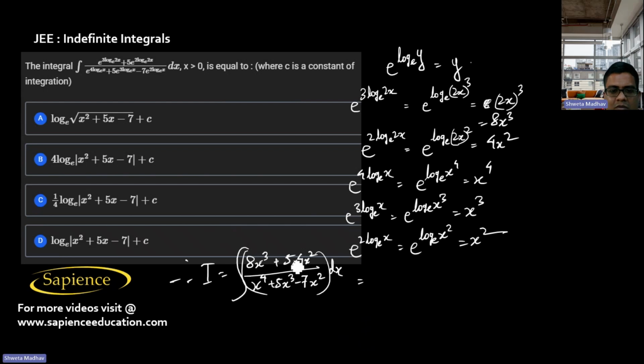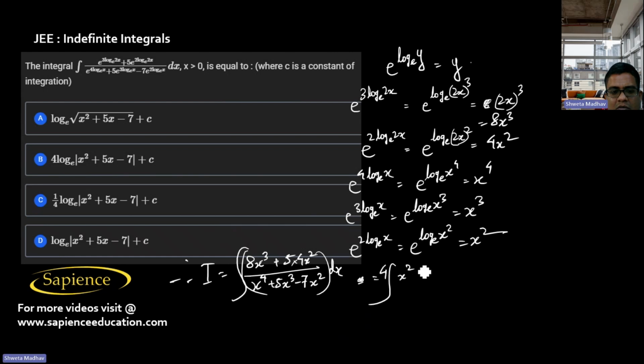So this is 20. Now here x square I can take outside, and 4 also I can take outside.